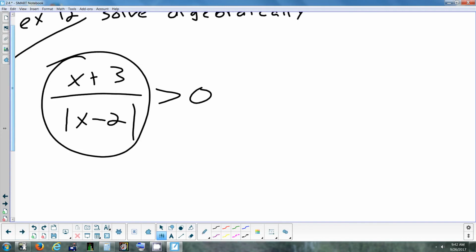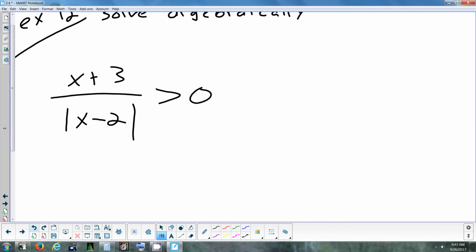They're asking when the thing that I just circled is what? Trevor? 0. No, they're not asking when that's 0. They're asking when it's greater than 0.